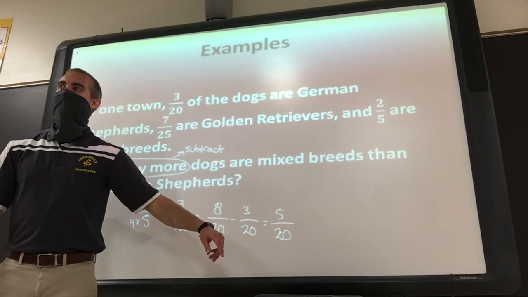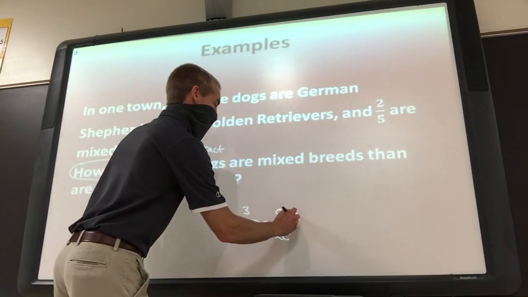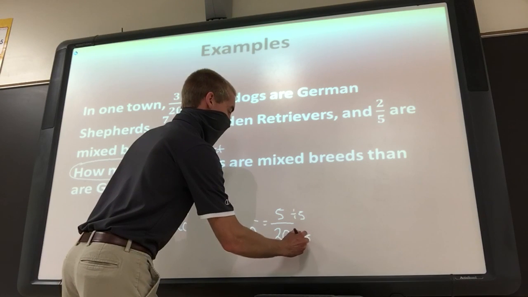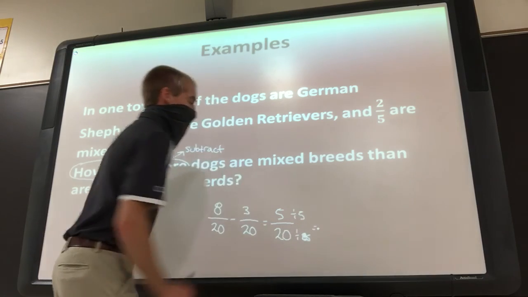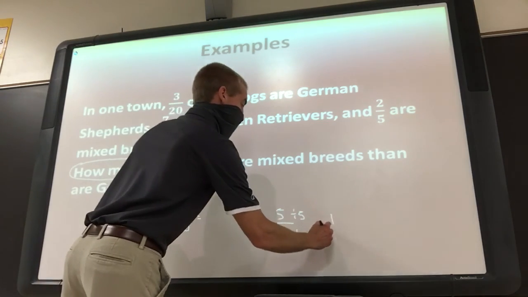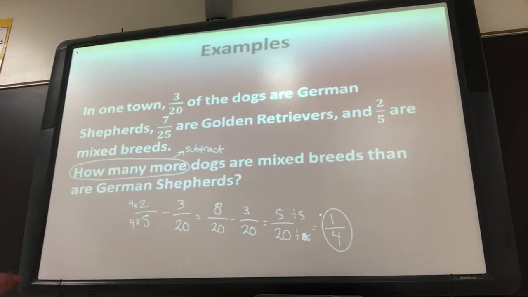By 5, yes. 5 divided by 5 and 20 divided by 5. You divide both by 5, then you get 1/4. So there's 1/4 more mixed breeds than German Shepherds.